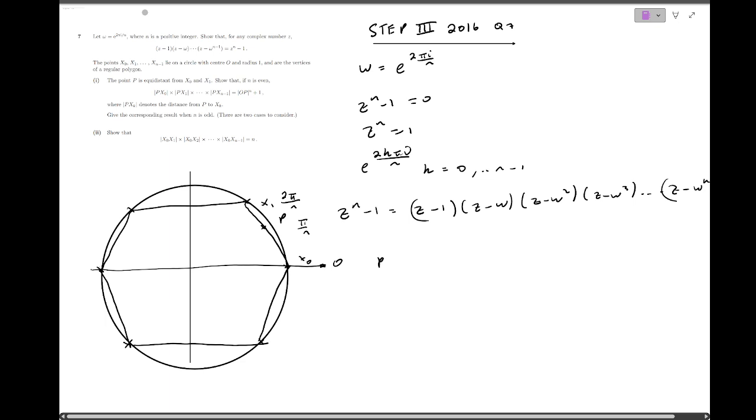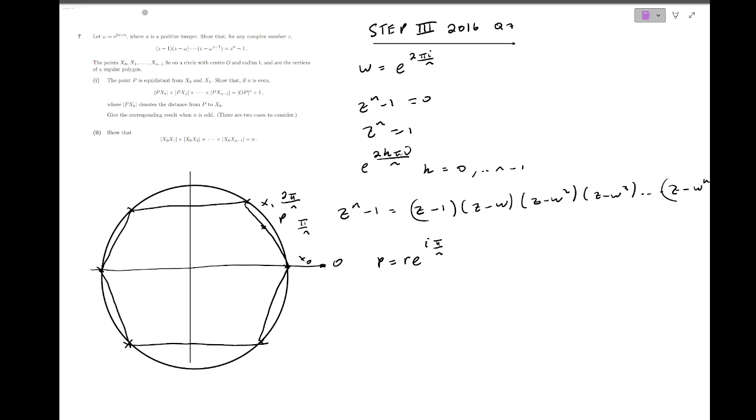So we can represent P as r e to the i pi over n. The reason we have an r is because its modulus is not going to be 1, right? These vertices are on the circle, so they have a modulus of 1, and a property of roots of unity is that every root of unity has a modulus of 1.